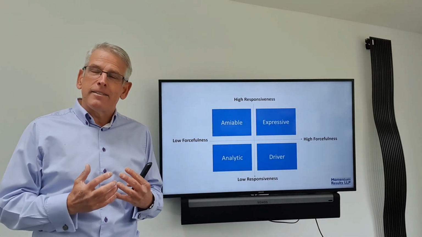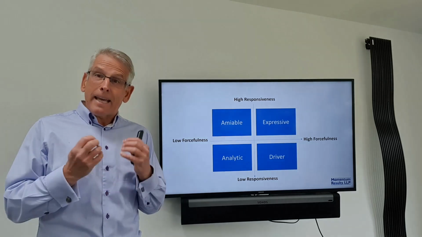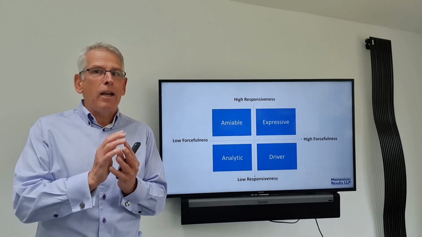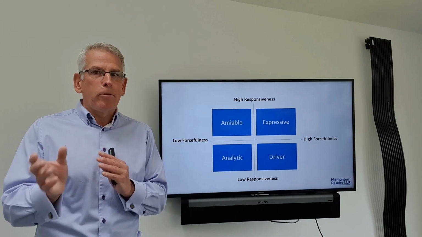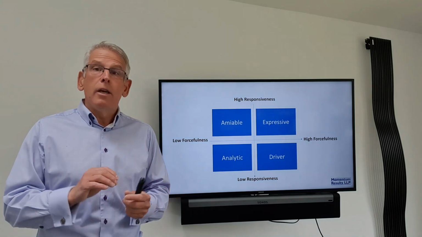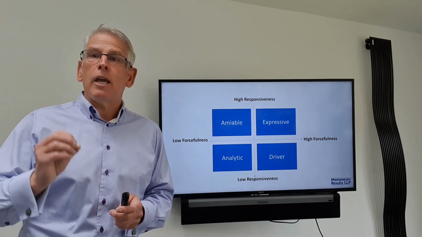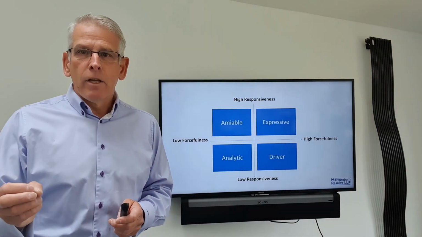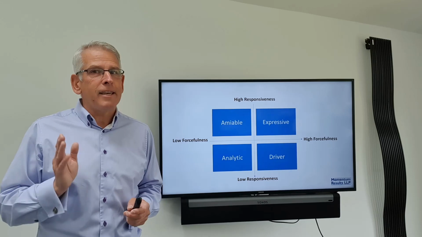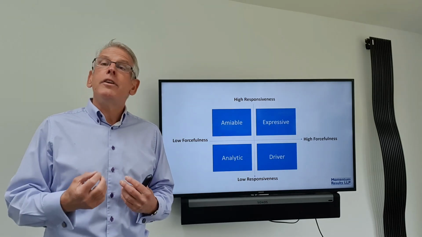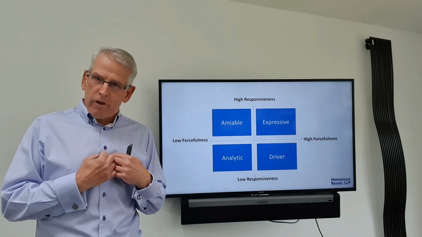So the reality is, these styles can happen in the moment, but very rarely compensate for each other. People are in different modes and they switch between them. And your challenge is to spot which mode they're in in order to be able to influence them effectively. So going back to what I said at the start, it isn't about changing who you are. This is understanding what your preferred style is.